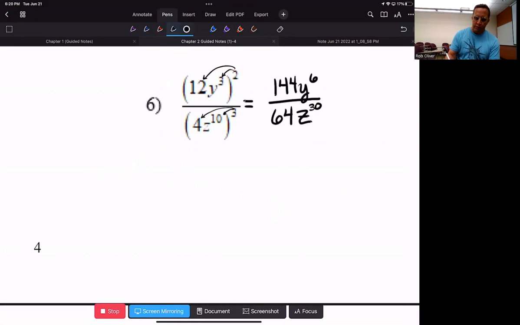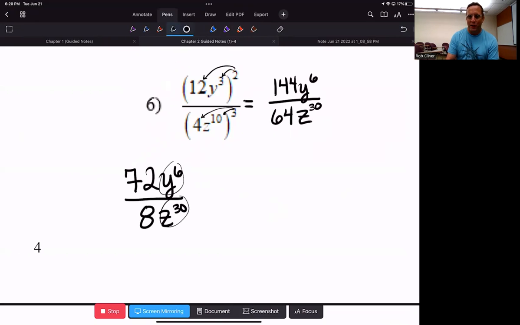So half of 144 is 72, y to the 6, and half of 64 is 8, z to the 30th. Now notice I didn't touch these things. Those do not divide. Those don't simplify like the coefficients do. The only thing that can simplify those exponents is if I had a like base, like a y to the 6 on top and a y something else in the bottom, but we don't. Okay.